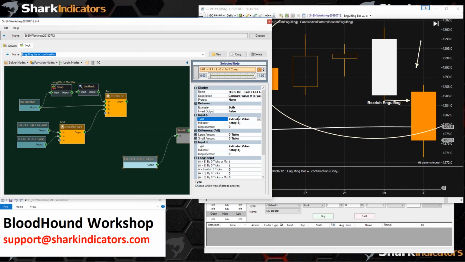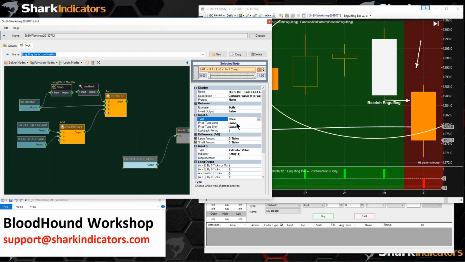Alright, so let's set our input type to price again. And so for longs, we're using the high price. For shorts, we're using the low price. Alright, and input B, let's set the input type to price.